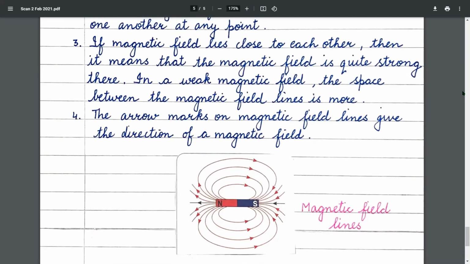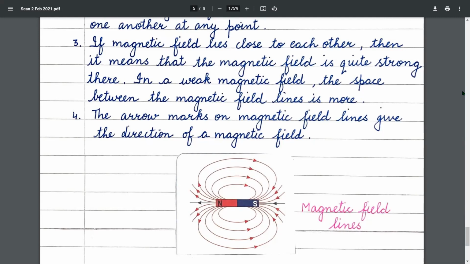Number three, if magnetic field lines lie close to each other, then it means that the magnetic field is quite strong there. In a weak magnetic field, the space between the magnetic field lines is more. Number four, the arrow marks on magnetic field lines give the direction of a magnetic field.